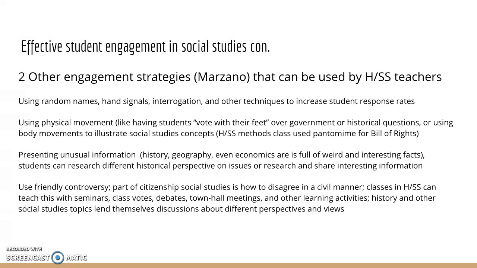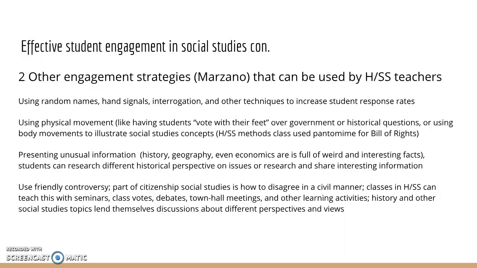So various means of encouraging students to respond to questions, not have a few students dominate class discussion, use kinesthetic learning or physical movement. One example from our methods class was using pantomime to illustrate what the different bills of rights are. Presenting unusual information, because our topics are full of weird and interesting facts.